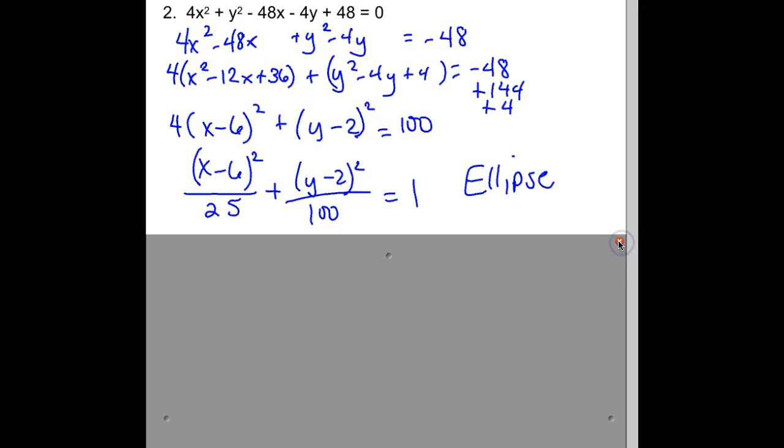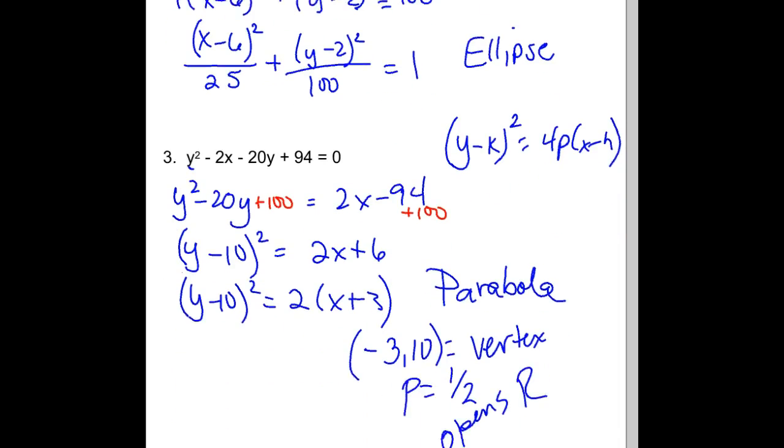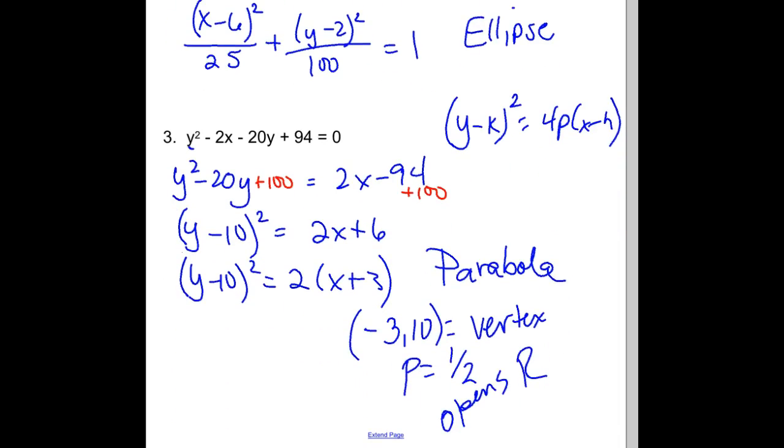All right, let's check our third one. Should be a parabola. We should have y minus 10 squared equaling 2 times x plus 3. Just a quick review of parabolas. The vertex would be negative 3, 10, right? In all the other shapes, that was the center, h, k, but with a parabola we don't have a center point.